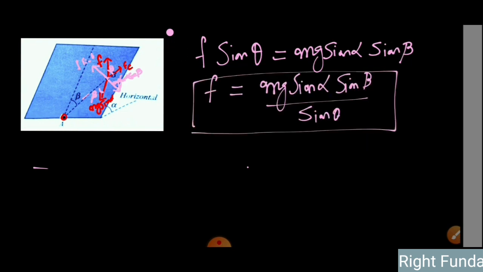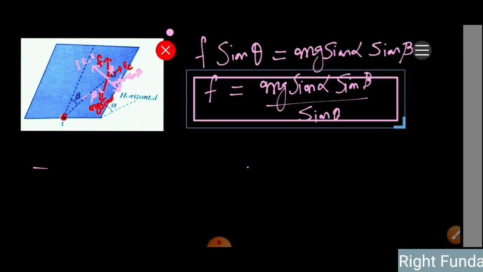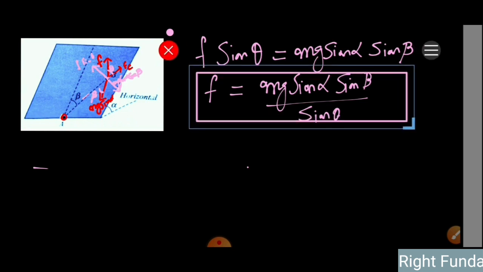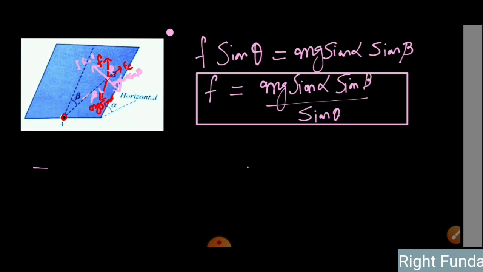This friction force has to be static friction, so it has to be less than or equal to mu N, and we know N is mg cos alpha.